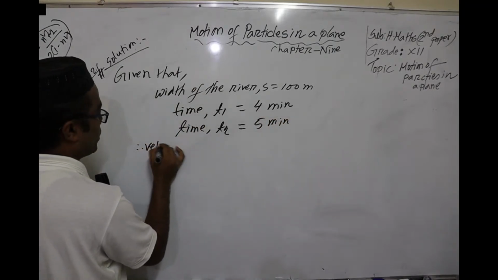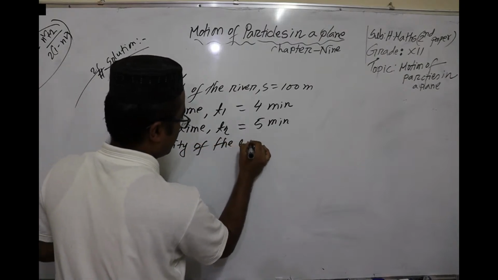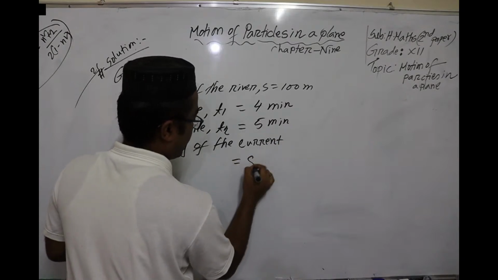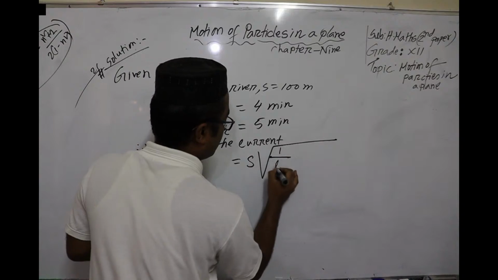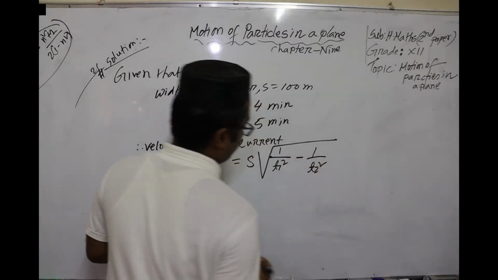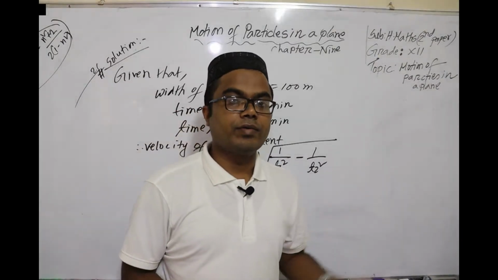Therefore, the velocity of the current equals S into the square root of 1 by T1 square minus 1 by T2 square. Just by using this formula, you easily get the result.